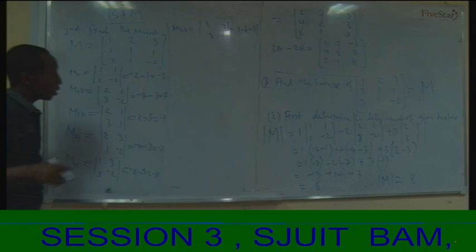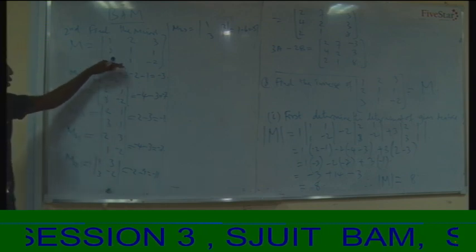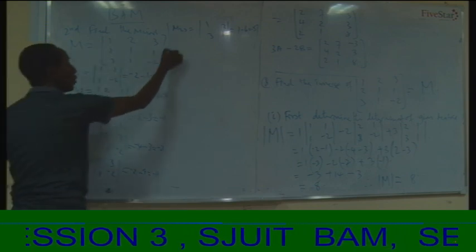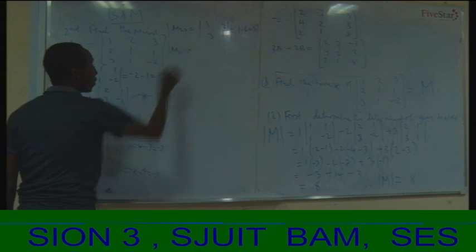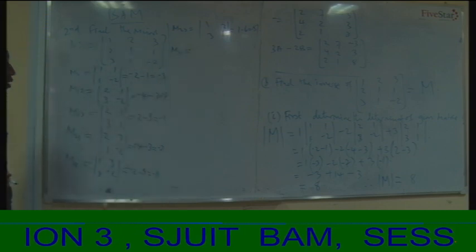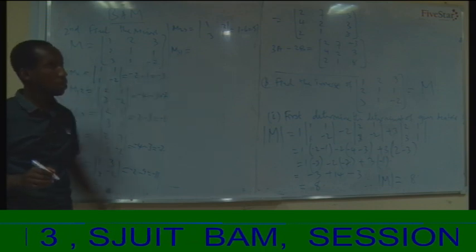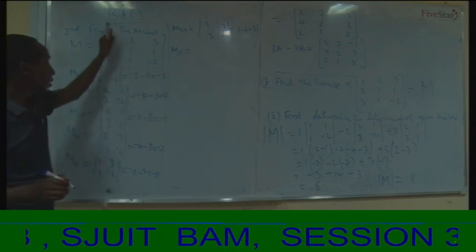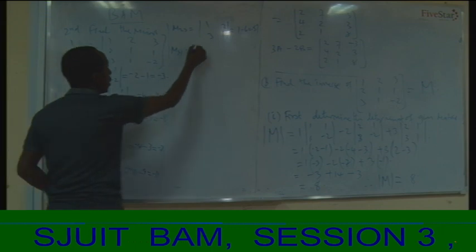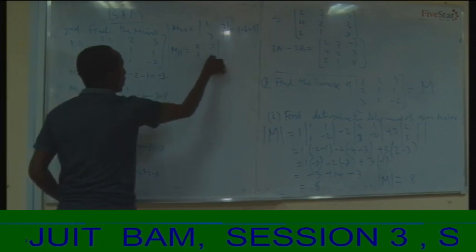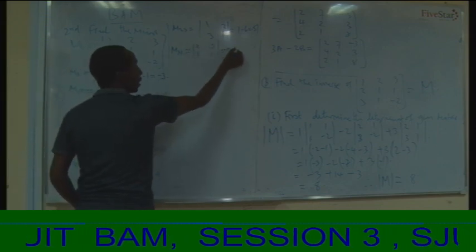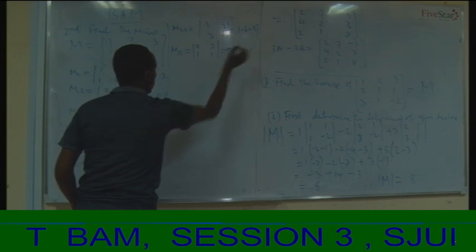Now we are done with the second row. We'll shift to the third row, which is the last one. So we find M31, which is the determinant obtained by deleting the third row and first column. We are remaining with 2, 1, 3, 1. This is equal to 2 minus 3, which is equal to negative 1.